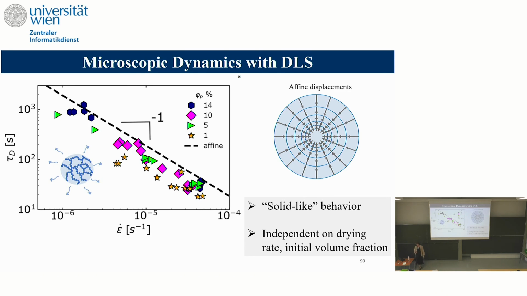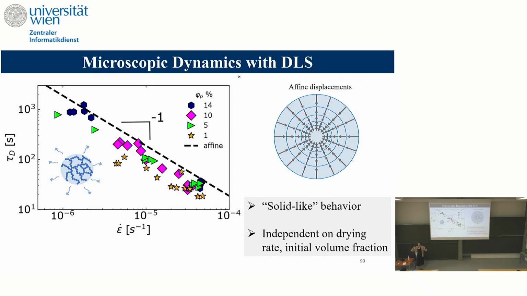Since we learned before that this epsilon dot is a very important parameter, we can plot this average relaxation time as a function of this epsilon dot parameter. And you have all your data, different initial volume fraction, different type of gels, okay? So what do you see? You see, well, you recover this -1 that we have seen before, and this dashed line is what is called an affine prediction.